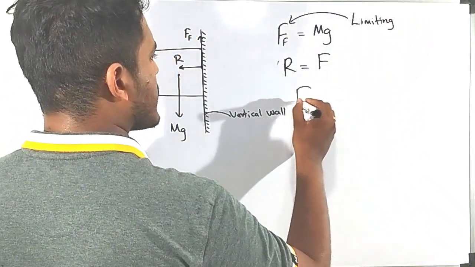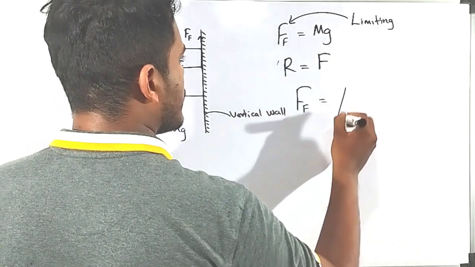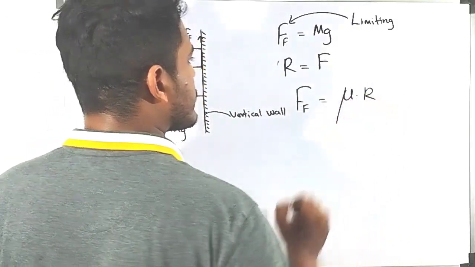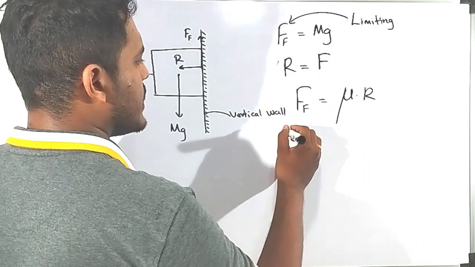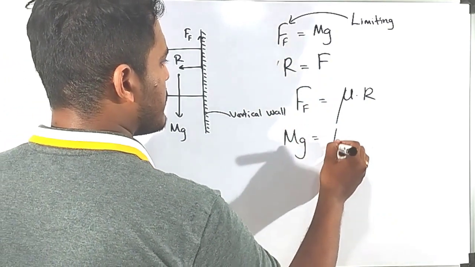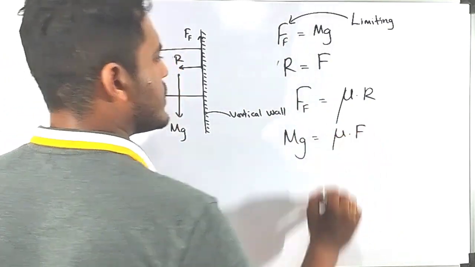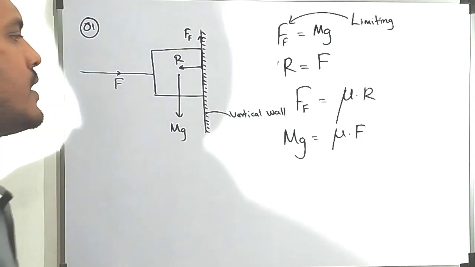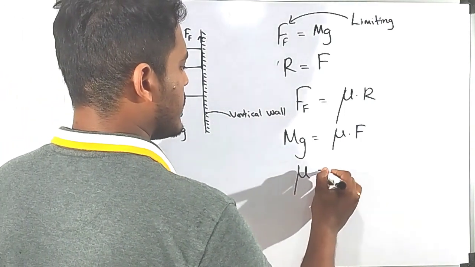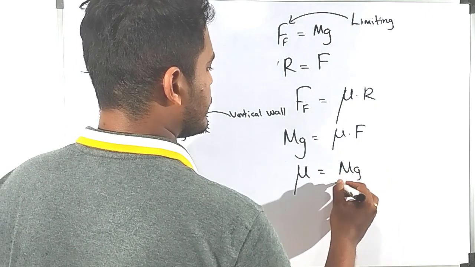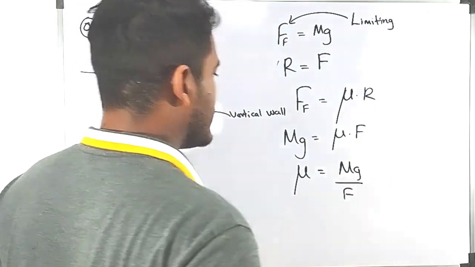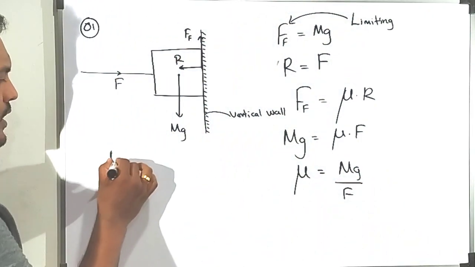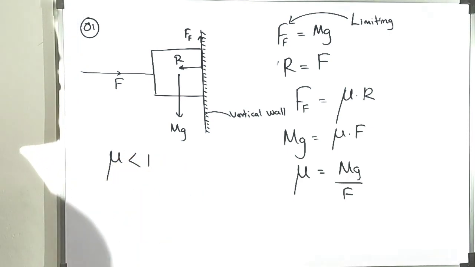Then limiting frictional force F equals mu R. Here the limiting frictional force should be equal to mg, and mu times R should be equal to F. Then mu equals mg over F. But you know that mu should be lower than 1.